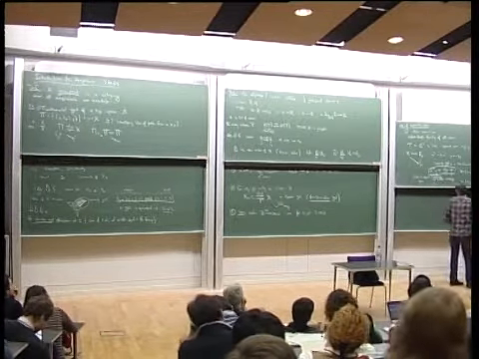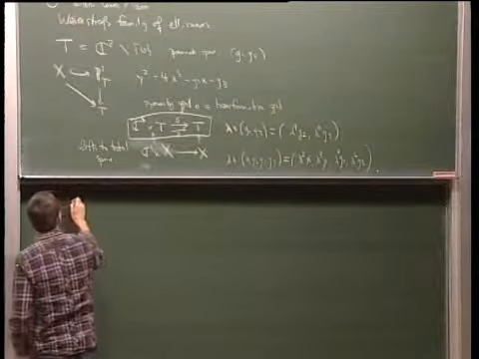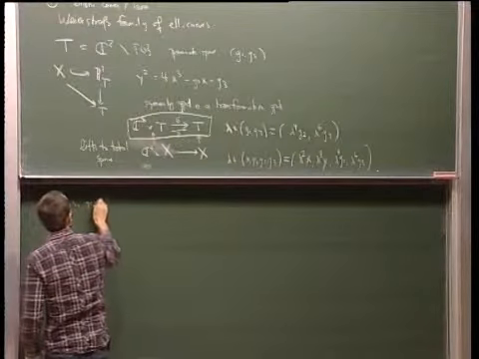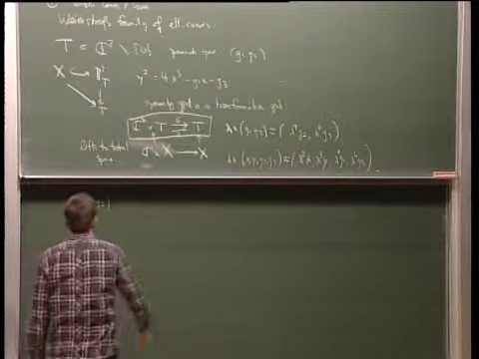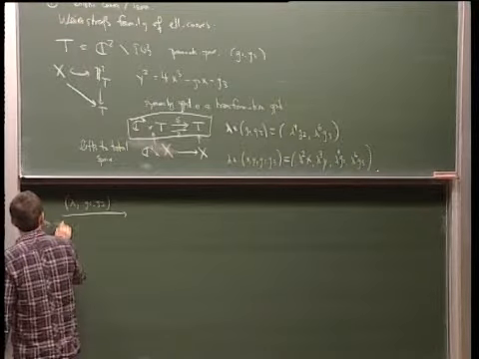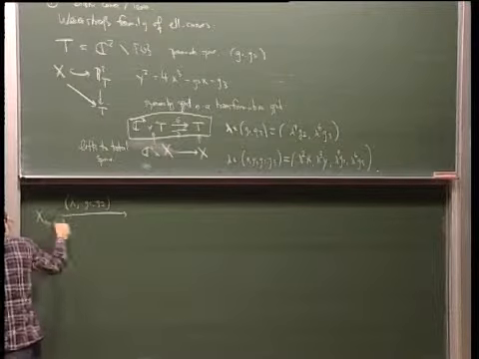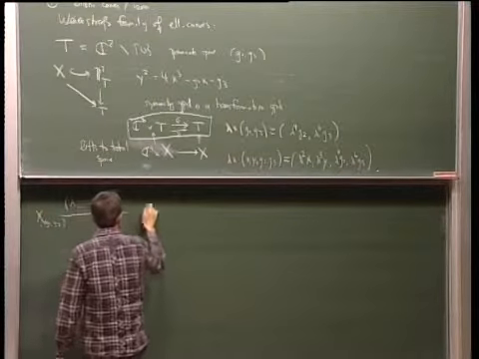Right, so the element lambda comma G2 G3 is an isomorphism from this member of the family to this member of the family.